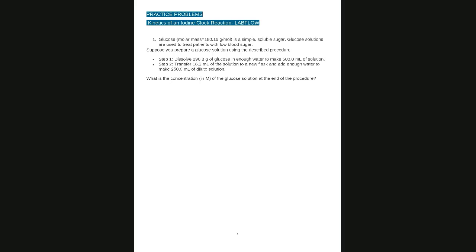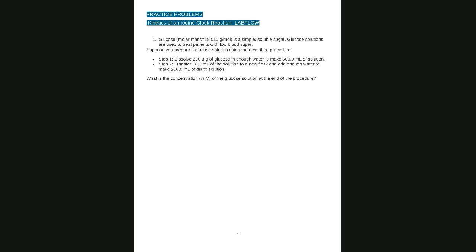So here it says, glucose, they give us the molar mass, is a simple sugar. Glucose is used to treat patients with low blood sugar. Suppose you prepare a glucose solution using the described procedure. Step 1, dissolve 290.8 grams of glucose in enough water to make 500 mL of solution.